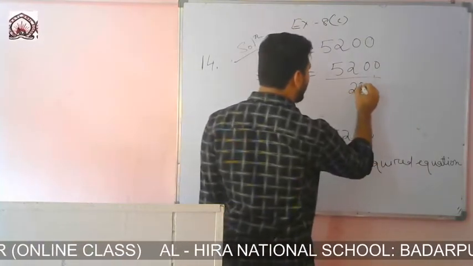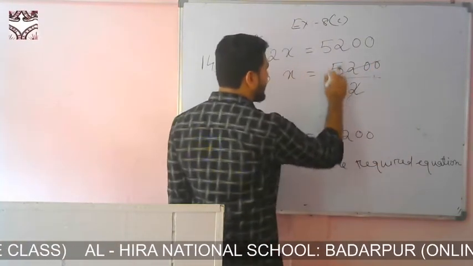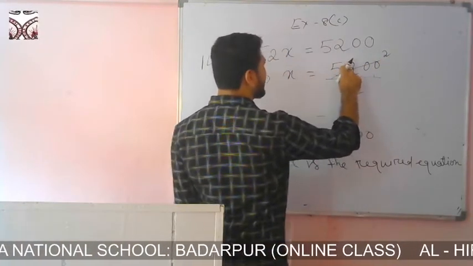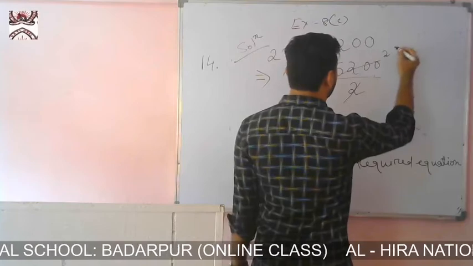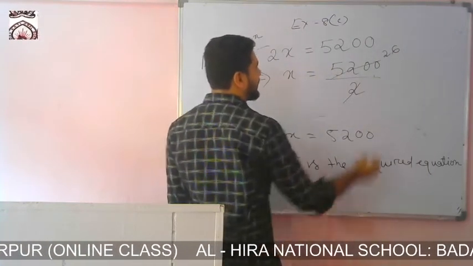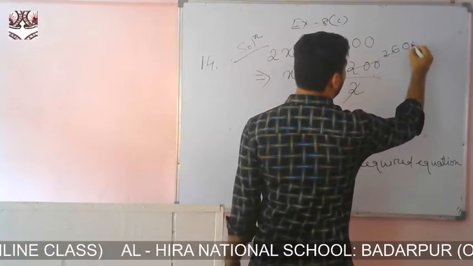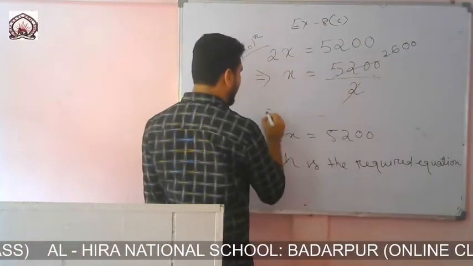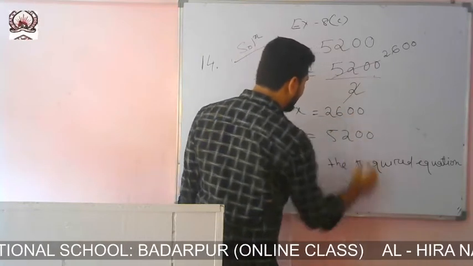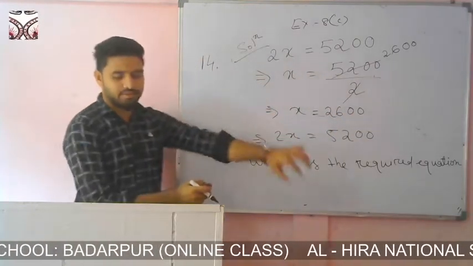So if I cancel, 2 2s are 4, here remain 1. So if I bring here, then it will become 6. So 2 6s are 12, and here 2 zeros remain, so I'll put 2 zeros. Okay, that means I can write X equals 2600. Okay, these are the numbers of books.